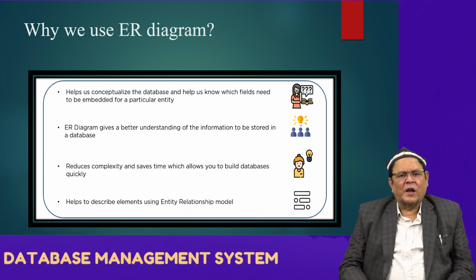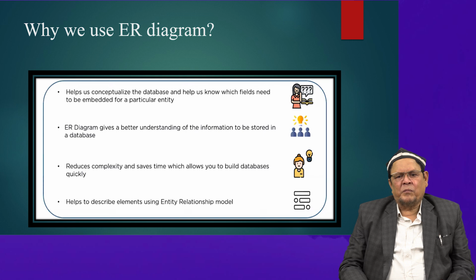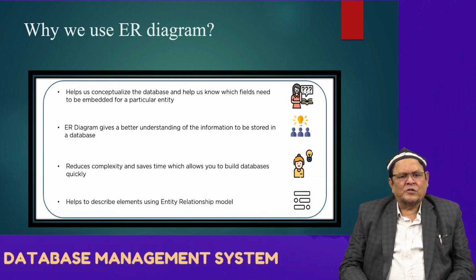Let's understand why we use ER diagrams. Well, they are like a treasure map for a database. ER diagrams visually represent how data entities connect, making it easy for us to understand, design, and communicate complex relationships. ER diagrams help us conceptualize the database and know which fields need to be embedded for a particular entity.